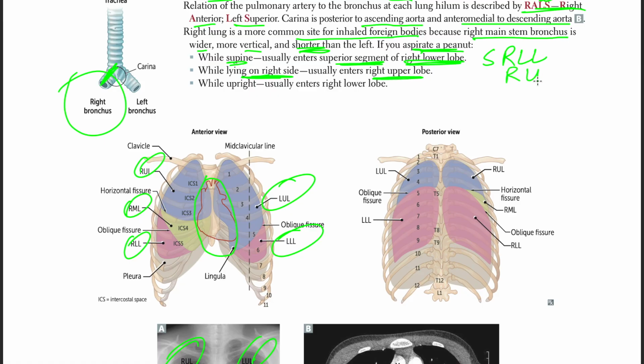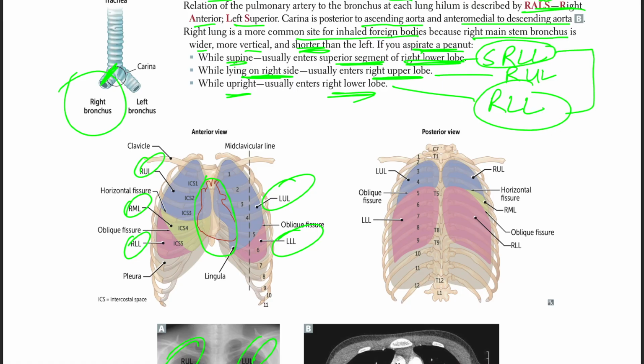And the last one, if you're upright, meaning just standing, it's going to enter the right lower lobe. So what's the difference between these two? It's almost the same thing, except that one goes into the superior segment, while the other goes anywhere in the right lower lobe. One extra thing they will ask you, which is not mentioned here, is about your prone position.